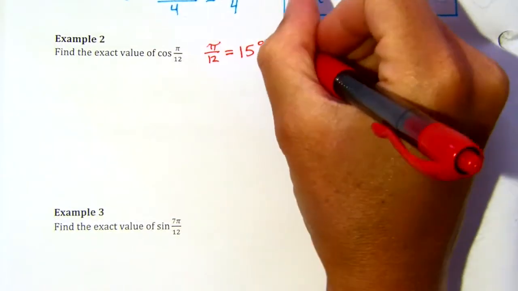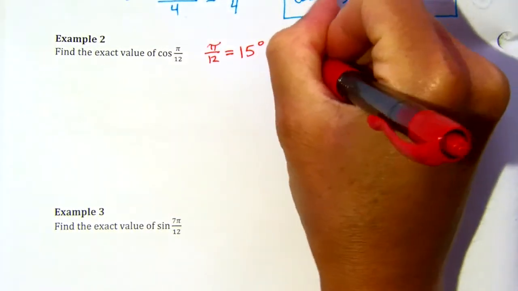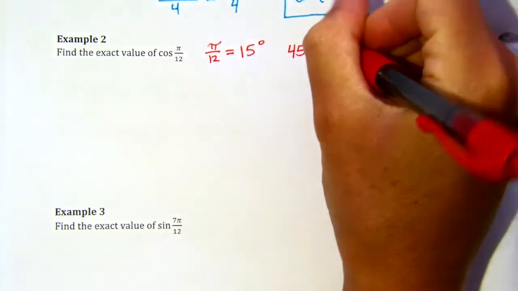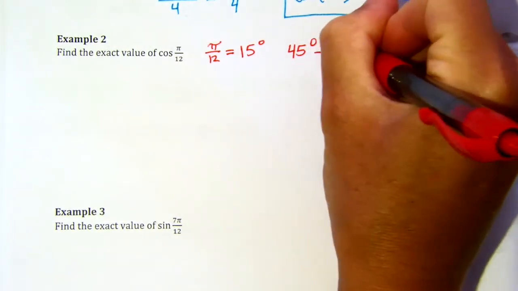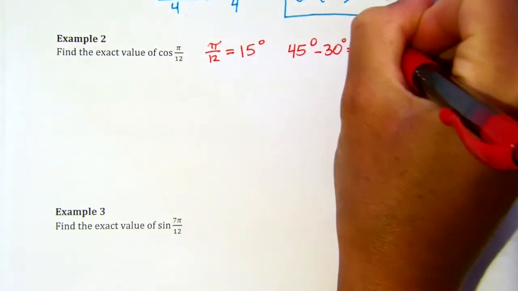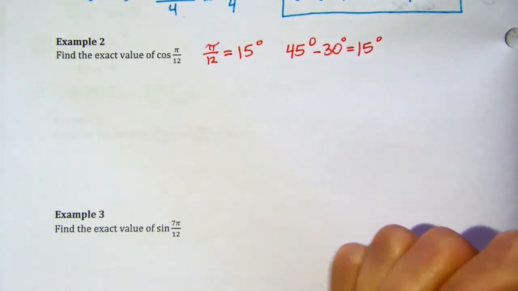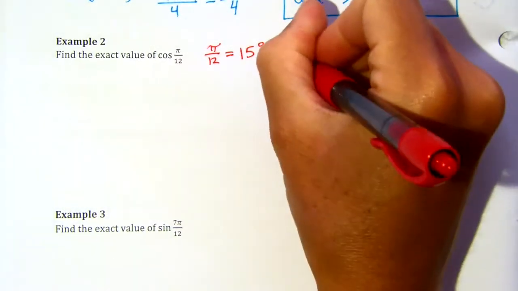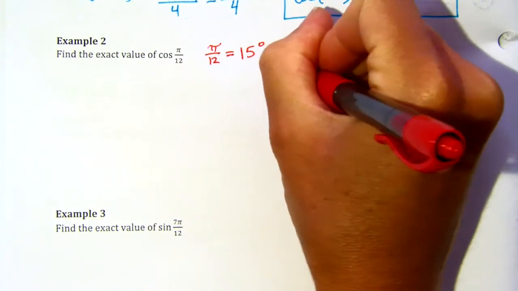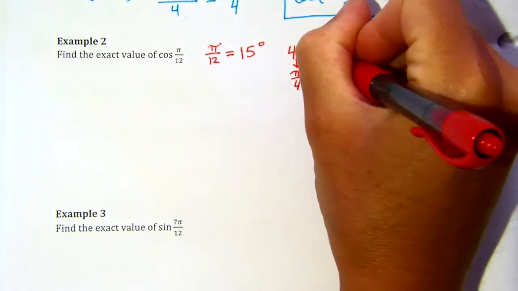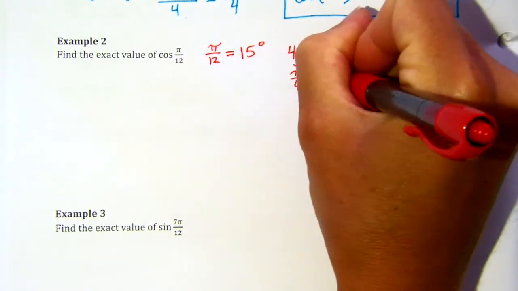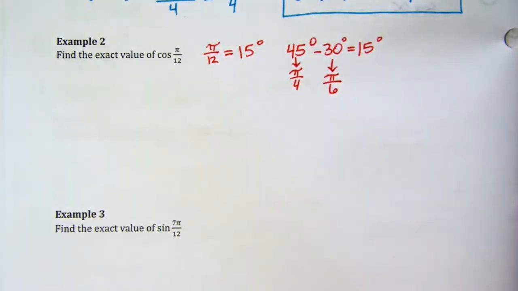So 45 degrees, if we subtract 30 degrees, leaves us with 15 degrees. Since this is in radians, I'm going to complete it in radians. 45 degrees is pi over 4. 30 degrees is pi over 6.